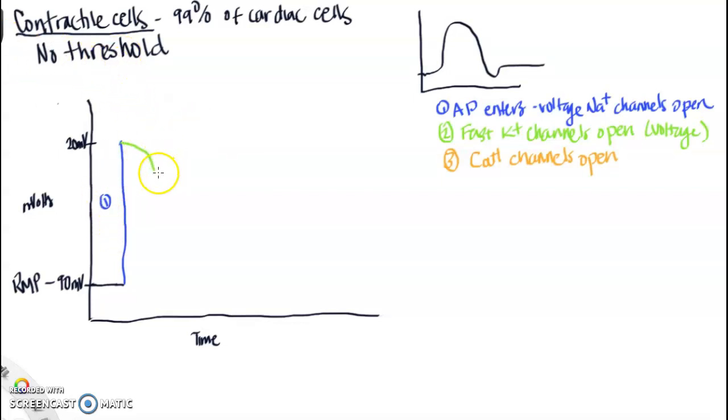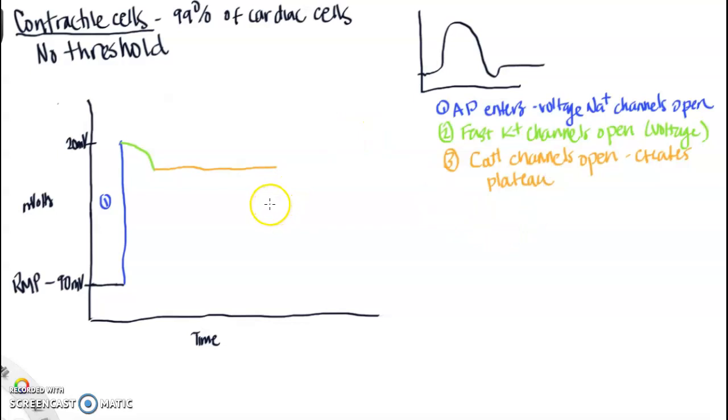The potassium channels are open, so those are coming out, but now we've got calcium coming in. And it creates this plateau effect.